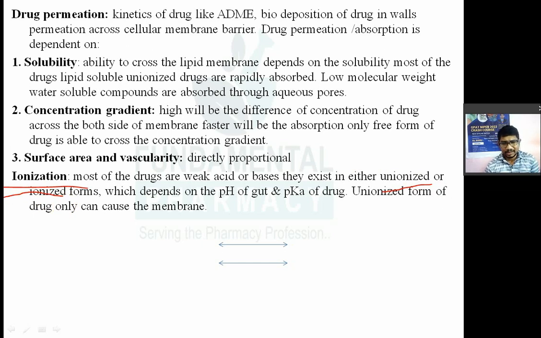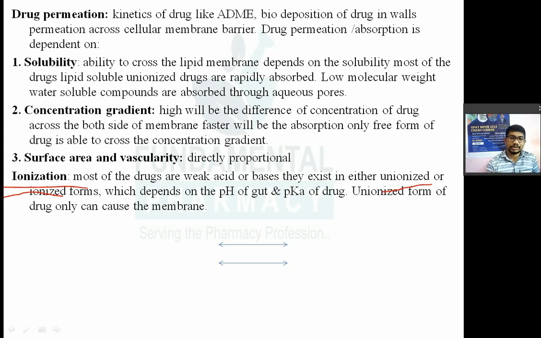So these two things will decide whether drug will remain ionized or unionized. What are the two factors? So this pKa and pH. pKa means dissociation constant of drug, right? And pH of gut means pH of your GIT.